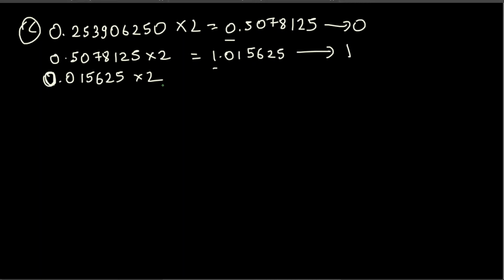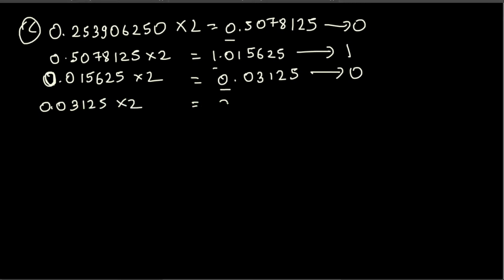It is 0.015625 multiplied by 2, that is equal to 0.03125, and here 0. Then 0.03125 multiplied by 2 gives us 0.0625. That is 0 right here.